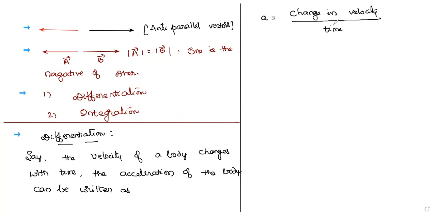Okay, you can use this formula. From this, I think you came to know in your 9th class that change in velocity, we write it as final velocity minus initial velocity divided by time.